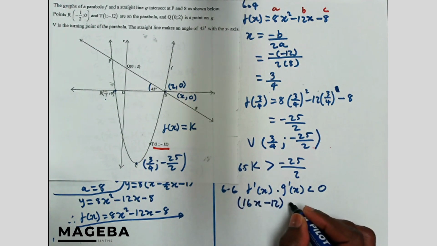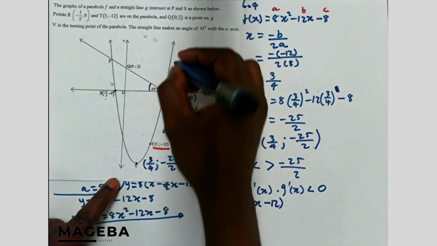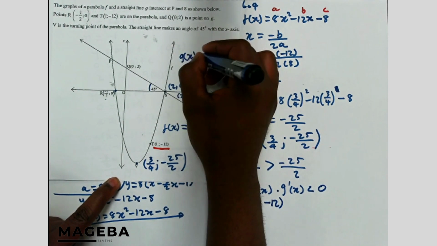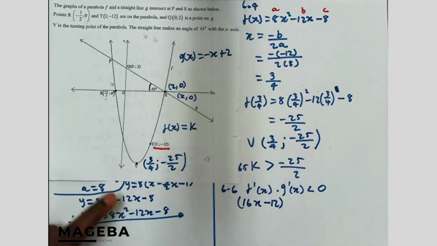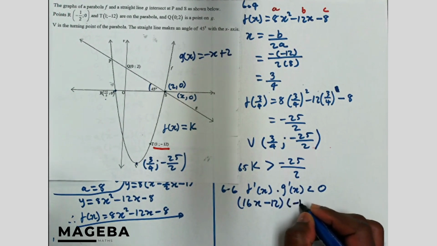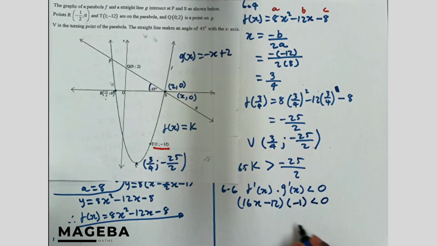Then I times this with the derivative of a straight line. Our equation of a straight line, our g of x was negative x plus 2. If I derive that, I'm going to find negative 1, so it's less than 0. And then from here, I times with my negative, so it's going to be negative 16x plus 12 less than 0. And then from here, take 12 to the other side, so it's negative 16x less than negative 12.